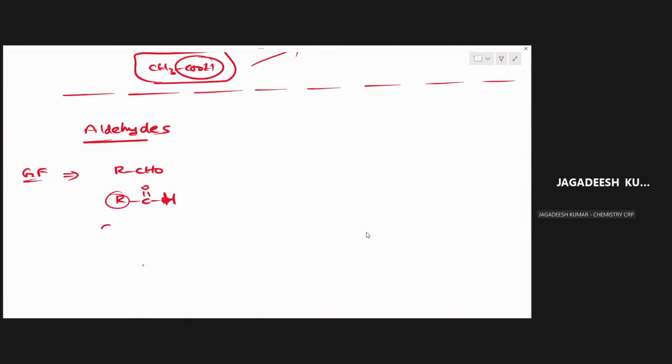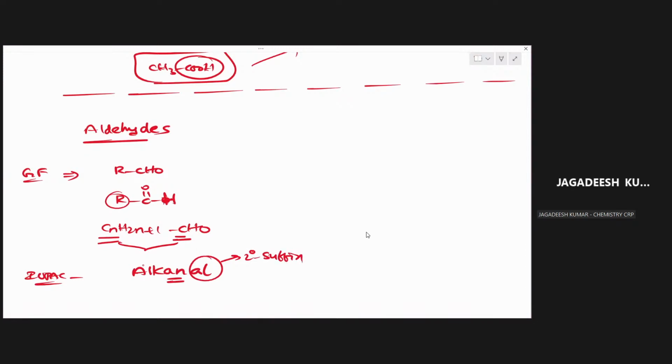R means CnH2n+1. Here also, this carbon you have to count when writing the root word, because these two are continuous carbons. And the IUPAC name is important. The IUPAC name is alkanal. AL is the secondary suffix, AN is the primary suffix, and alk is the root word as usual.